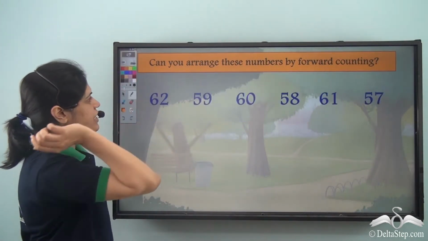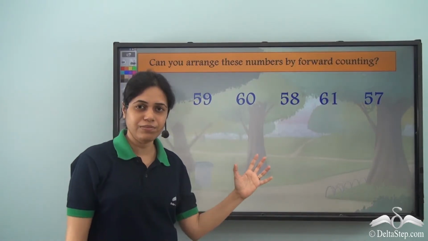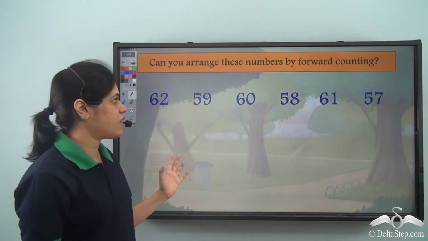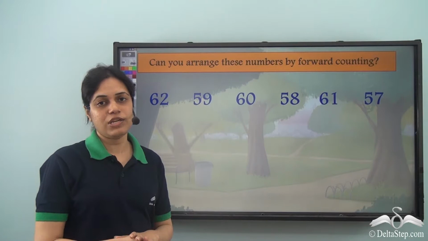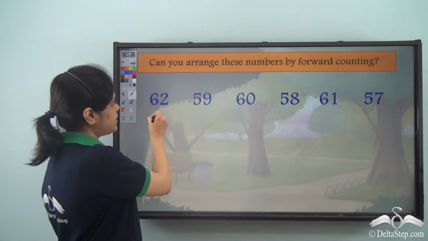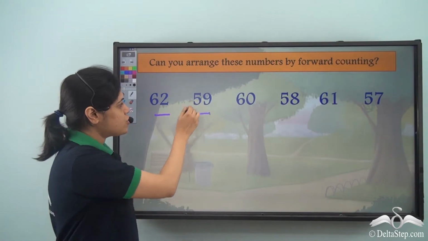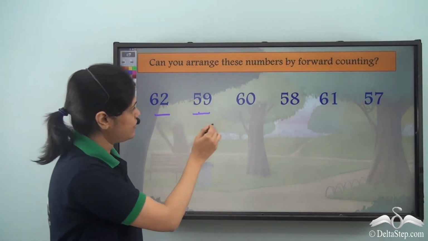Now let us try it using these bigger numbers. Does it seem difficult? Well, it is not. It's as simple as the previous one. So first, let's start by finding the smallest number. 62. Now, next number is 59. So is 59 less than 62? Yes.